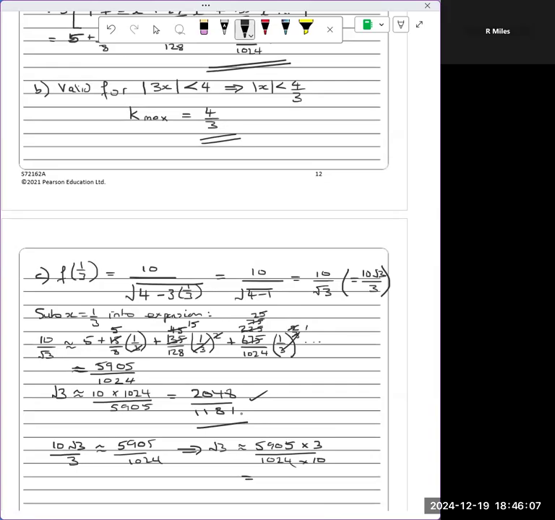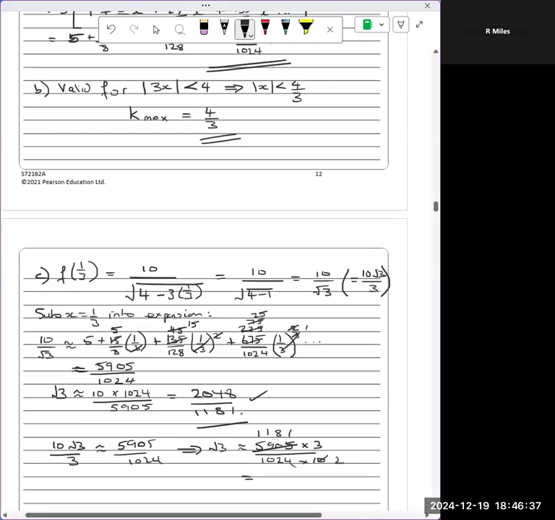What I could do is at least cancel this by 5s. So that would give 1181 times 3 divided by 2048. I wonder if it could cope with that.